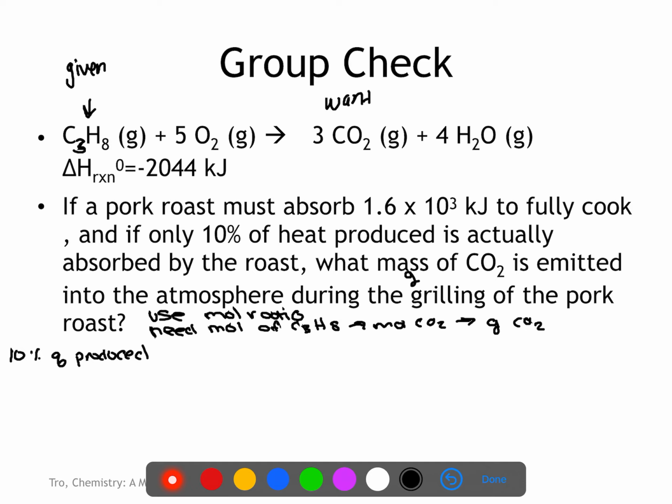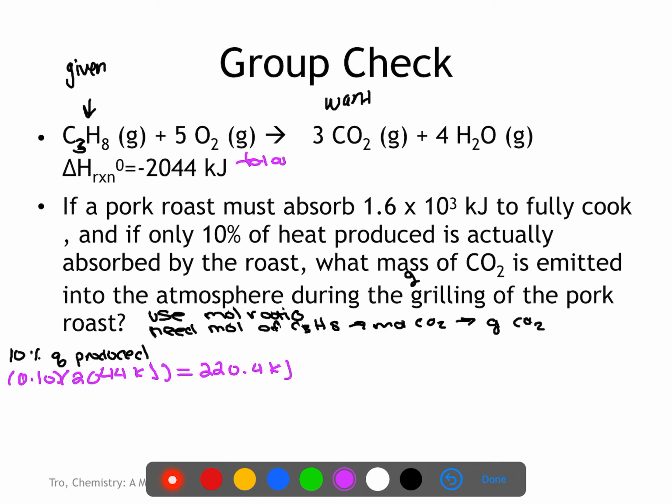I'm going to abbreviate Q for heat. That's absorbed by the pork. I know total heat here. So I'm going to take my 10% and multiply by my amount of heat, which then gives me 220.4.